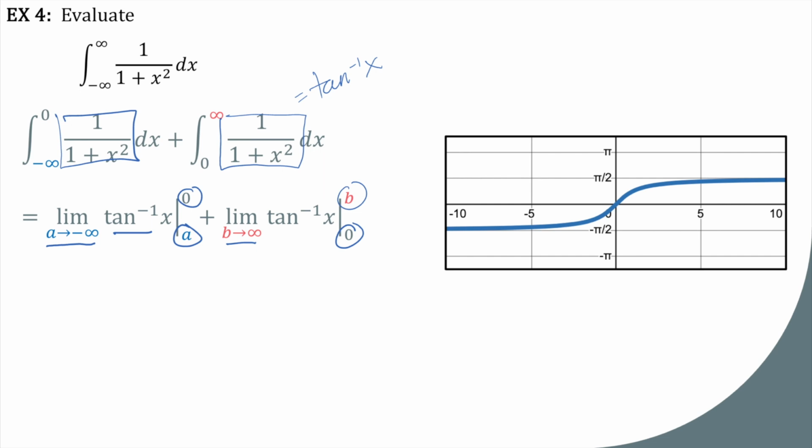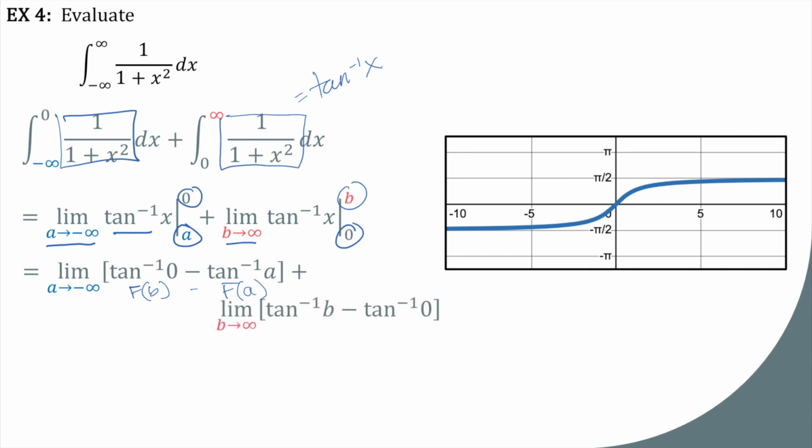So let's do the a portion first. The limit as a approaches negative infinity of tan inverse of 0 minus tan inverse of a. That's f of b minus f of a. And then we'll add to that the limit as b approaches infinity of tan inverse of b minus tan inverse of 0.